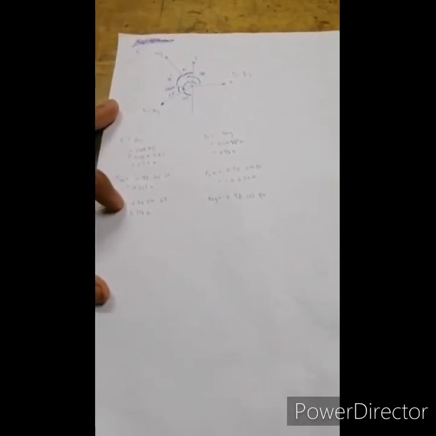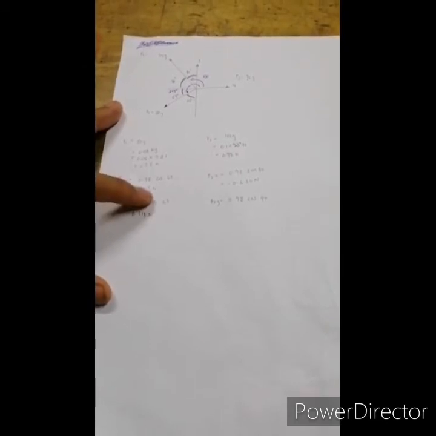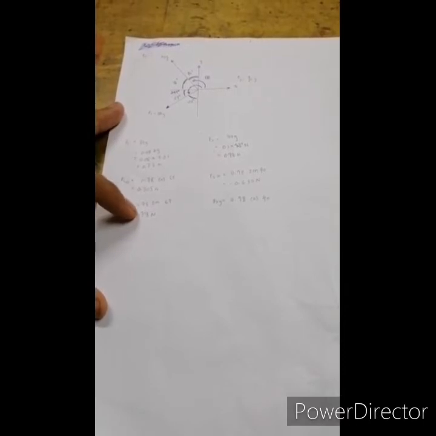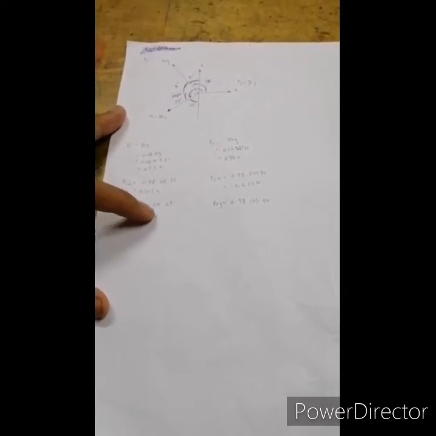F1y is 0.78 sin 67, which is 0.718 Newton.